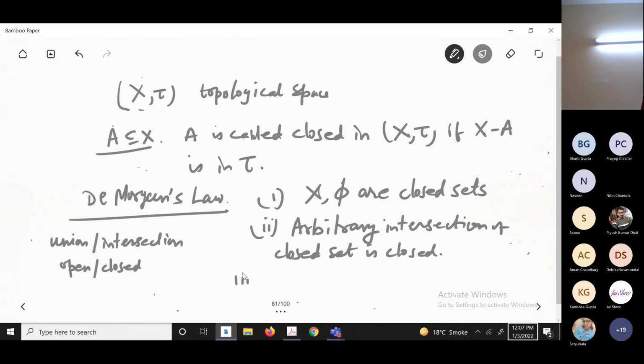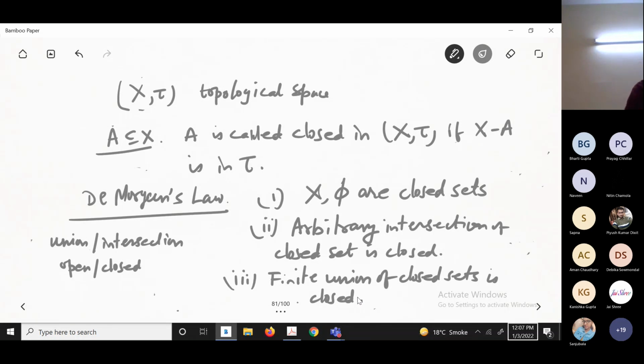And the third, for finite union of closed sets is closed. Okay, so this much you get.